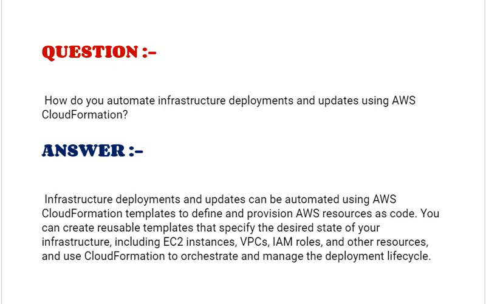You can create reusable templates that specify the desired state of your infrastructure, including EC2 instances, VPCs, IAM roles, and other resources, and use CloudFormation to orchestrate and manage the deployment lifecycle.